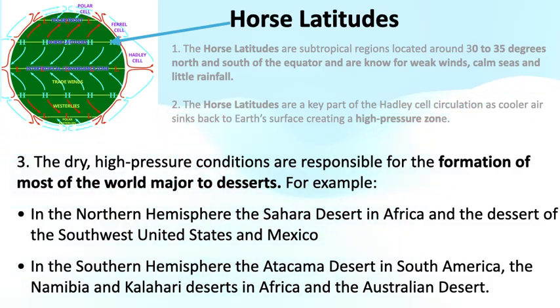And so if you look at a globe at 35 degrees latitude, both the north and southern hemisphere, you'll see a lot of desert areas. For the northern hemisphere, you'll see the Sahara Desert in Africa, and then you have the deserts of the southwest United States and Mexico, and you have a comparable thing in the southern hemisphere.